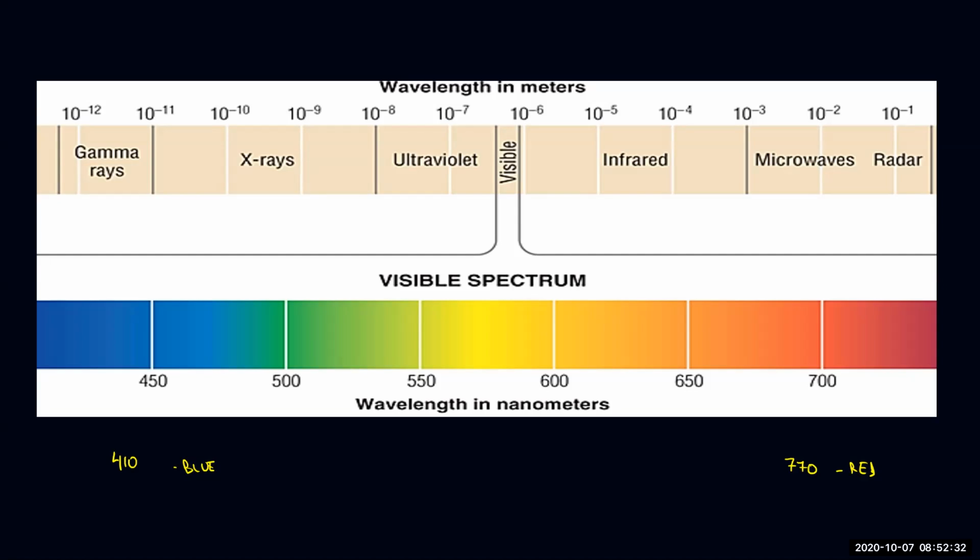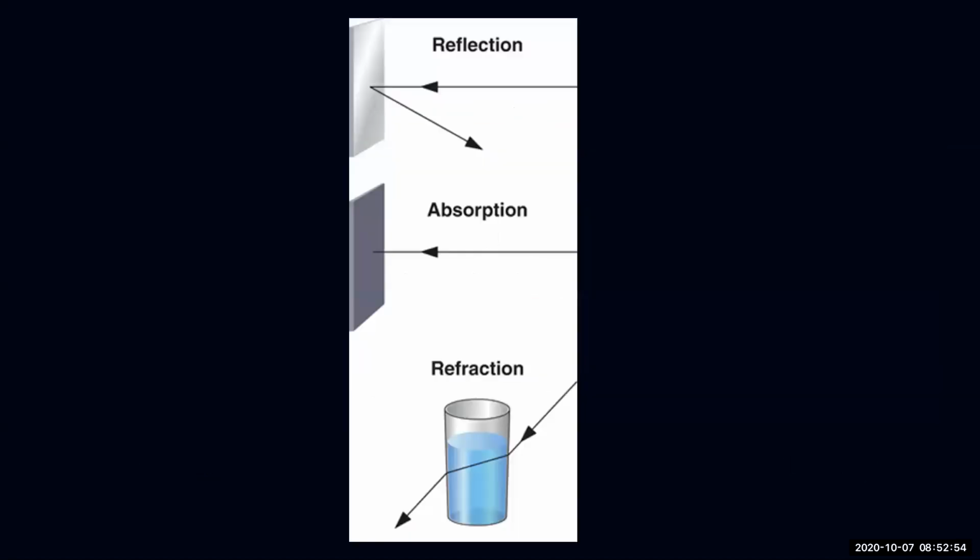So if there is UV light around, it gets absorbed by the lens and it never actually makes it to the cones. So humans don't have an opportunity to respond to ultraviolet. But anything in the infrared, for example, or too small in the ultraviolet range, we don't have photopigments that respond to.